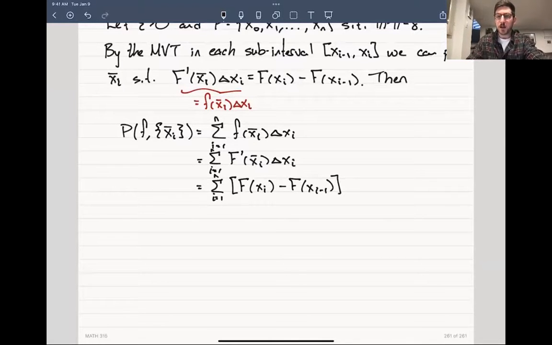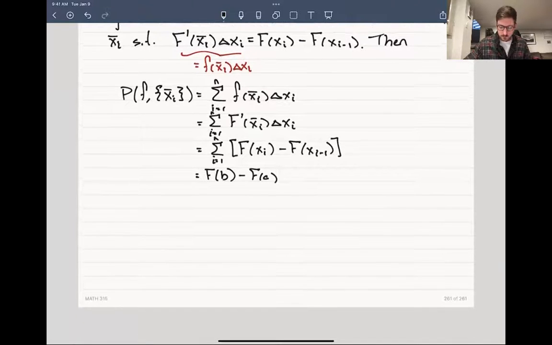We're adding and subtracting endpoints. We've done this tons of times in this class now. This leaves us with the right endpoint minus the left endpoint. So what this says is the Riemann sum for this specific choice of evaluation points is equal to exactly capital F of b minus capital F of a.